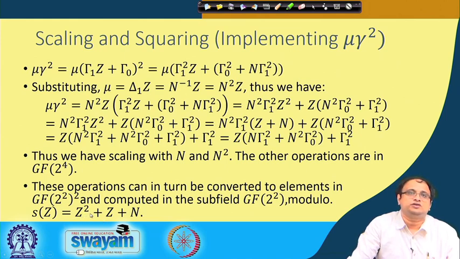So, this is something that we need to take a look at again, and we need to continue about the impact of these optimizations on this overall circuit. And that is what we will take up in the next class. Thank you.